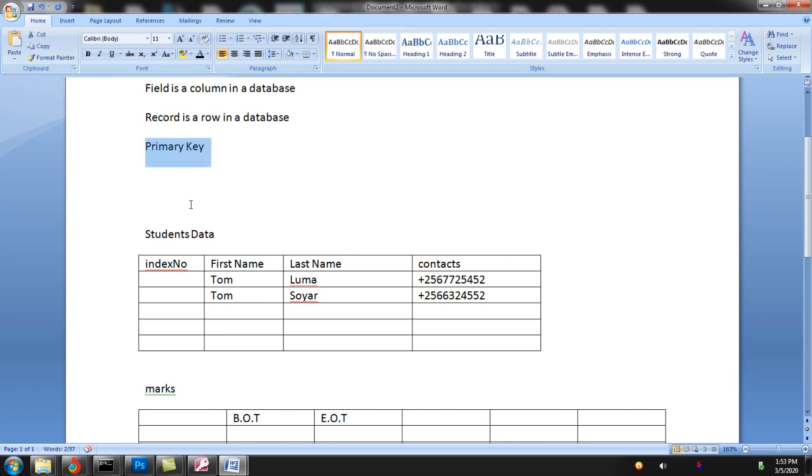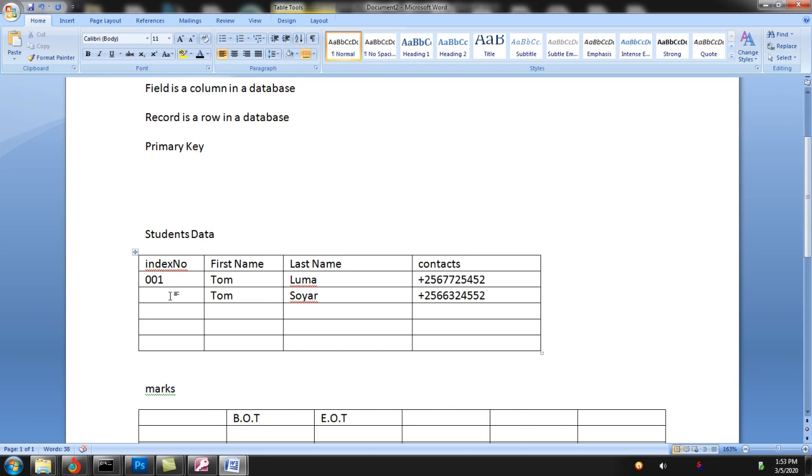A primary key is a field whose data uniquely identifies a record. We said this is a record, but what number uniquely identifies that record is what we are talking about. So a number like 001 will automatically uniquely identify one record at a time.